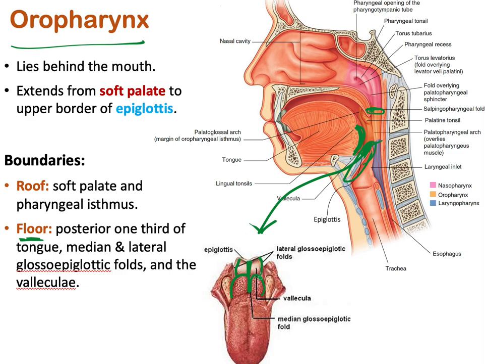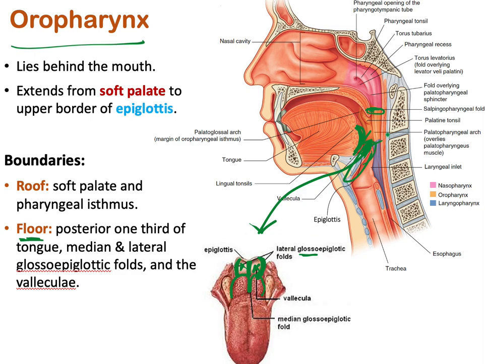These folds connect the posterior 1/3 of the tongue, glosso, to the epiglottis. We have two lateral and one median in the middle. And of course, the space here is called the vallecula. We call it the epiglottic vallecula.